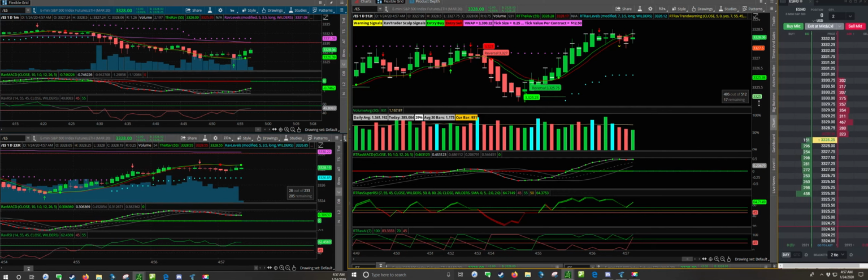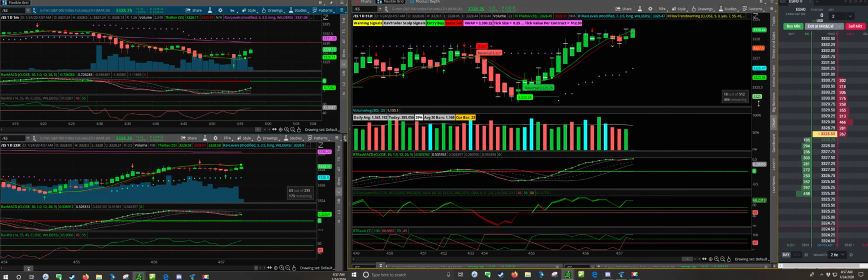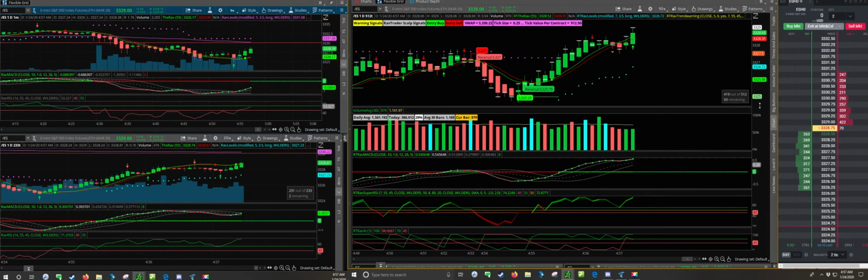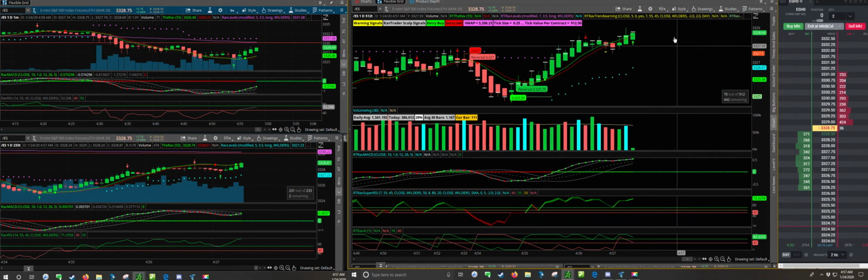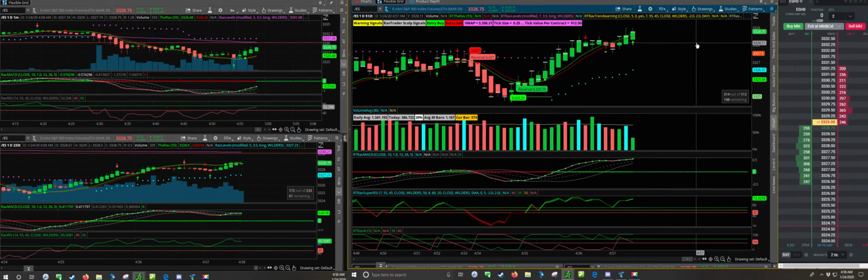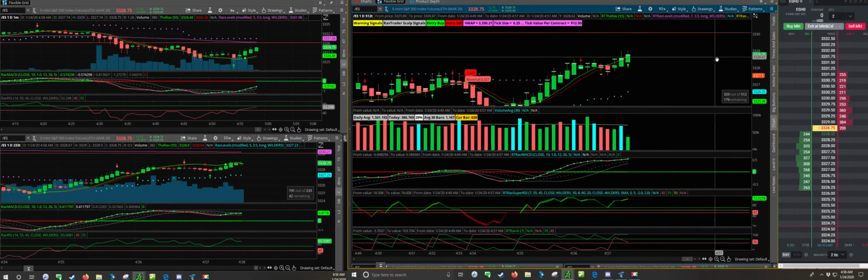Okay, that was it for voice. We had 4:57 a.m., 30 minutes. Looks like right now we need to break out of this level at 28.5. We're gonna make a run to the VWAP, which is at 30.25, like it always does.